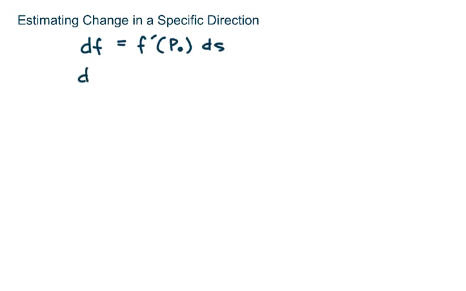This is the same as writing df/ds is the derivative at that point, multiplying it. Well, let's think about what this means. We have our regular derivative, and then we have this increment here, a small amount, a distance away.